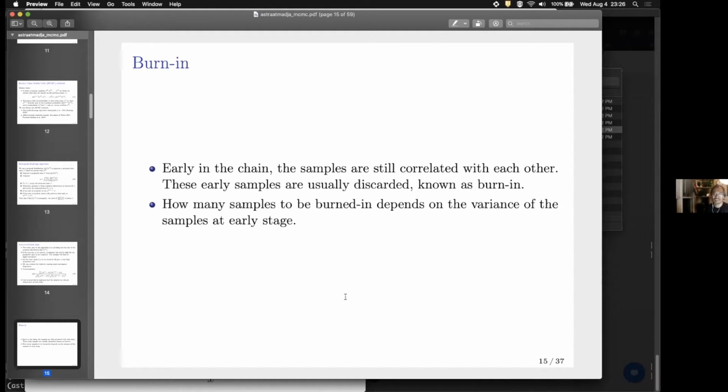This is called the burn-in. Now, how many samples should be discarded? That's usually what people debate about. You can calculate the variance of the samples. If it's very high, that means it's not yet converged. If the variance has stabilized to a certain point, that means it already approximates the target distribution.